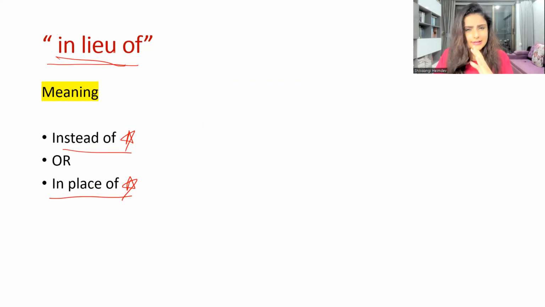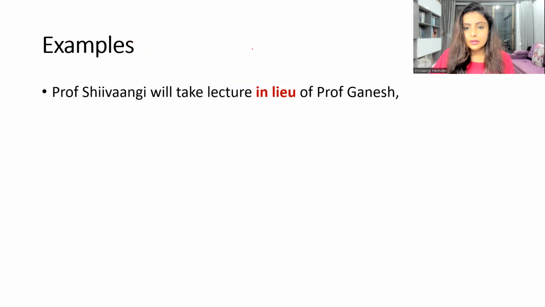So let's look at a few examples so that it gets even clearer. Look at the first example. It says, "Professor Shivangi will take the lecture in lieu of Professor Ganesh."